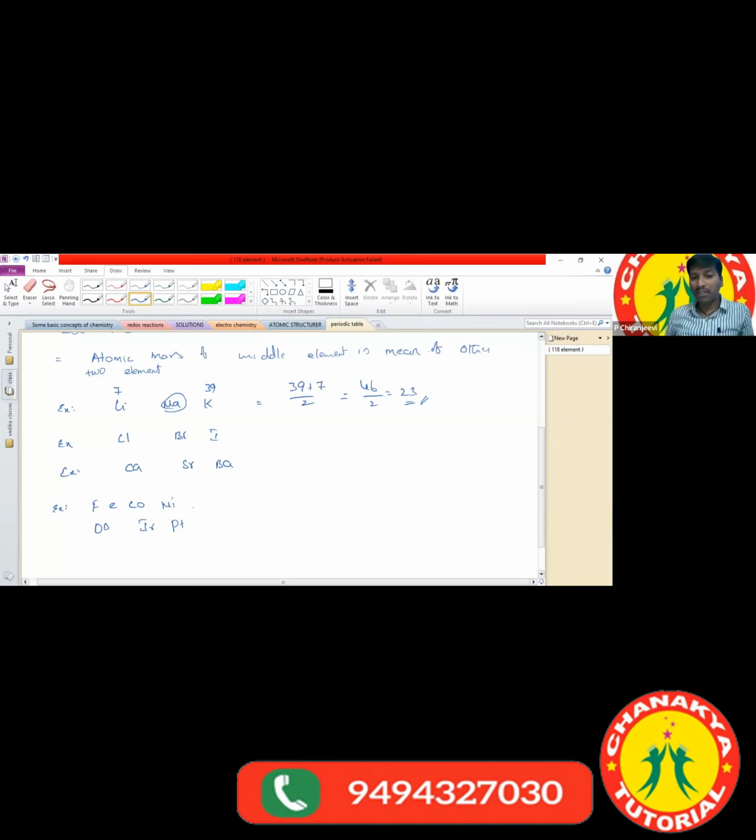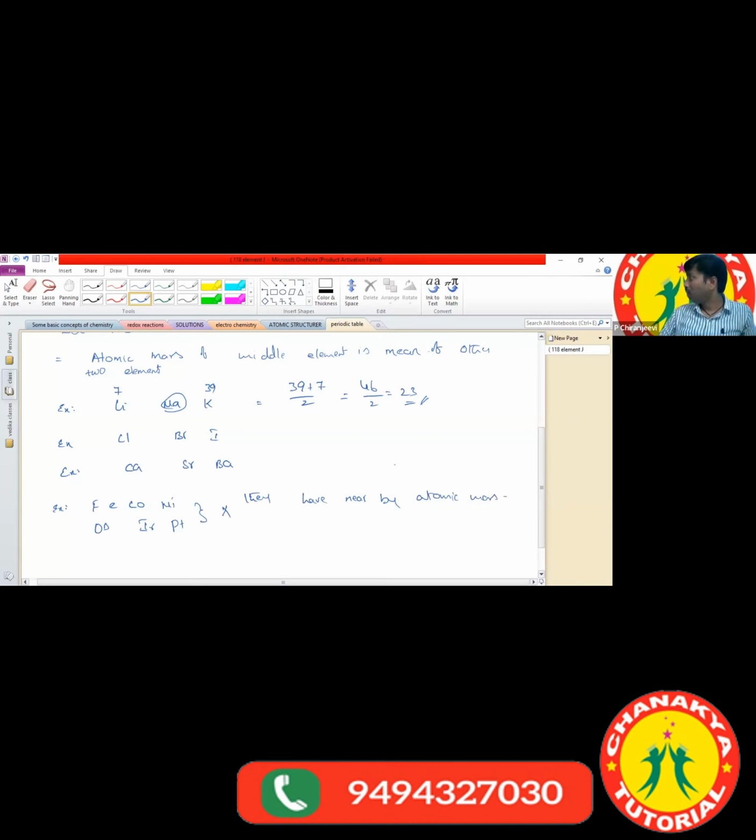These elements do not exhibit a Dobereiner triad. Why do they not follow the Dobereiner triad? Because they have nearby atomic masses. That's why this classification failed.